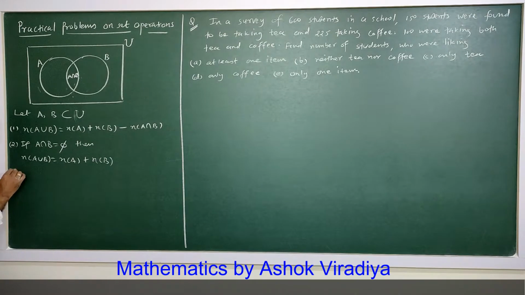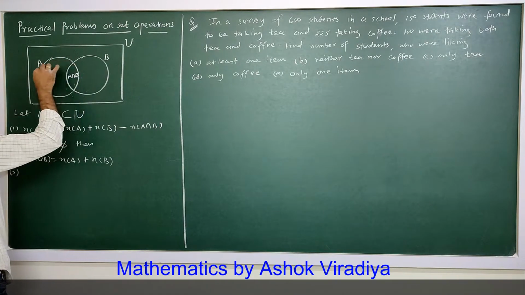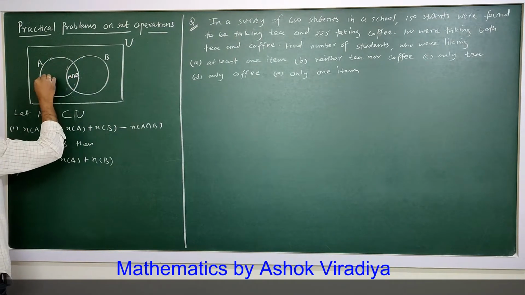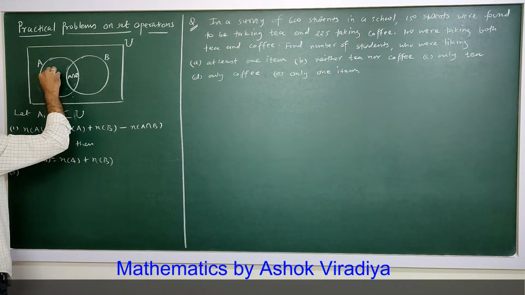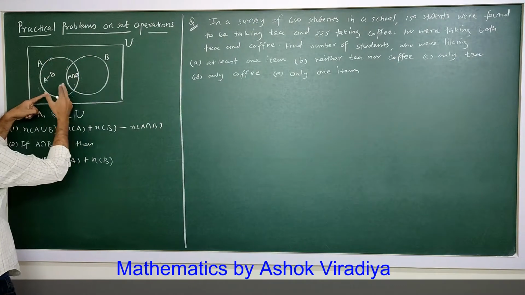Then this part is here. In this part, this is the part representing A minus B. A minus, remove this part.